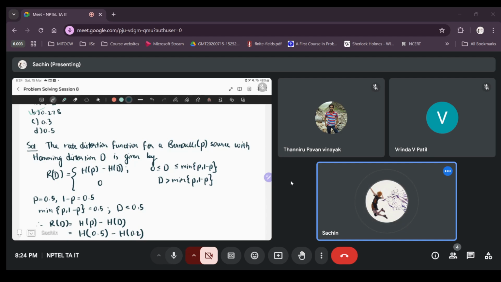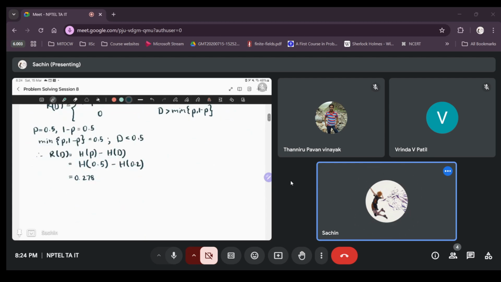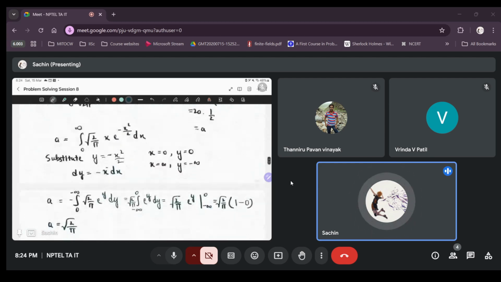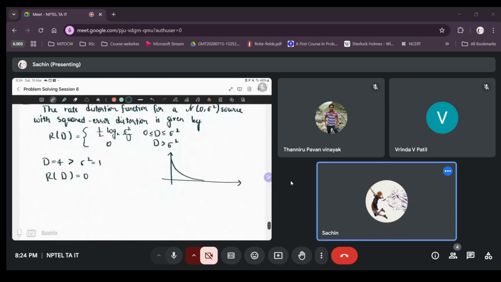If p is greater than half, then 1 minus p will be less than half. If p is less than half itself, then that is the minimum value. So the minimum must be less than or equal to 0.5. So D less than min of p comma 1 minus p can only happen if D is also less than 0.5. So the R versus D curve will stop at 0.5.